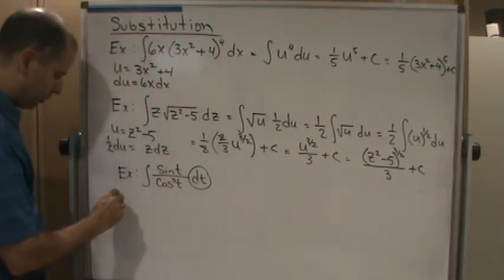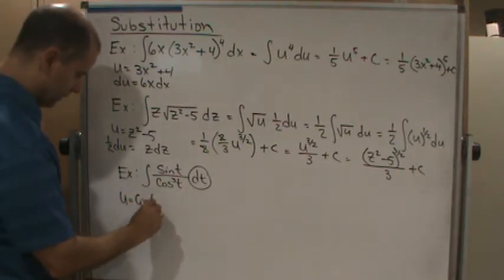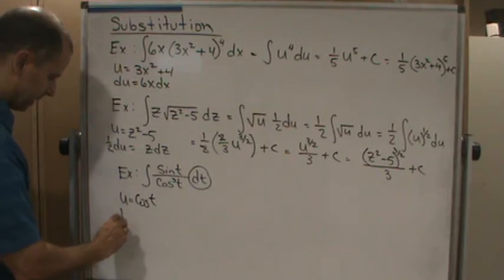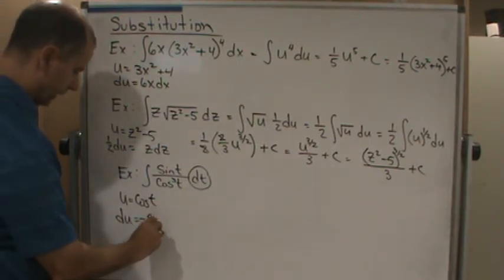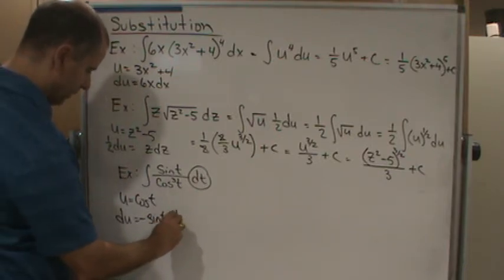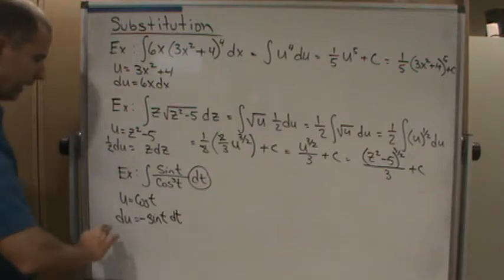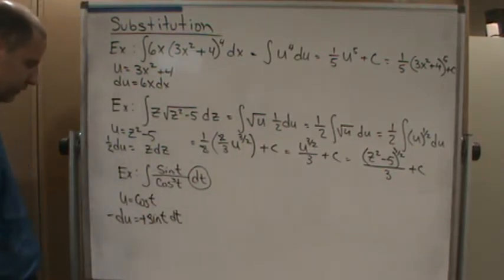So I'm going to make u, in this case, cosine t, which would mean my du is going to equal negative sine t dt. And so again, I don't have a negative out here, but that's okay. I can just multiply both sides by -1.